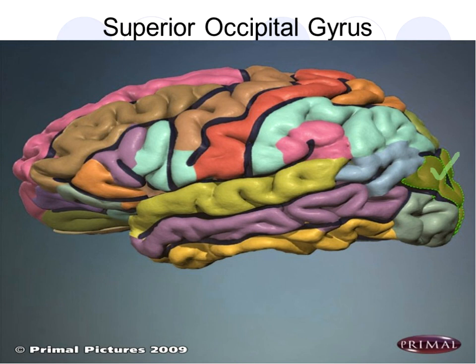So there is the superior occipital gyrus, and if you look at page 42B, that's area 18, and then you can also see area 19. So 18 here, and these are association areas, and 19 here.